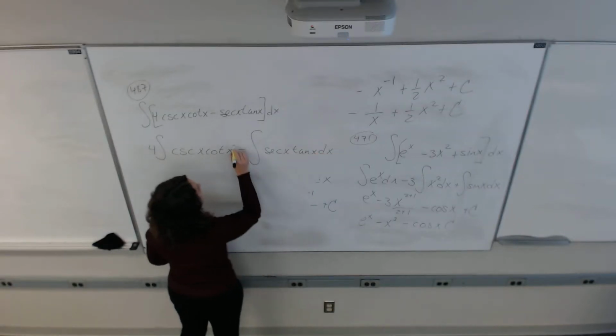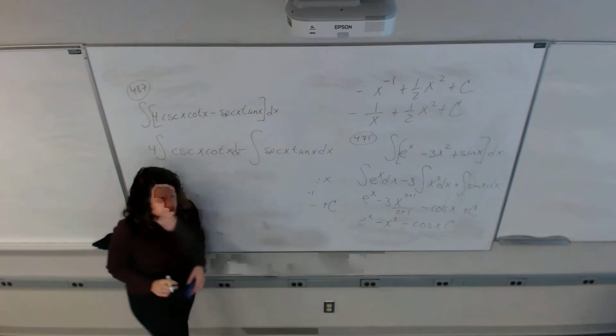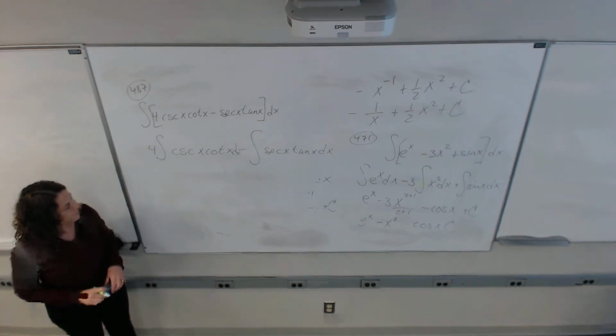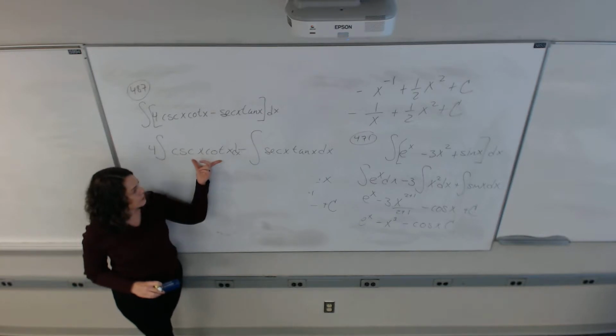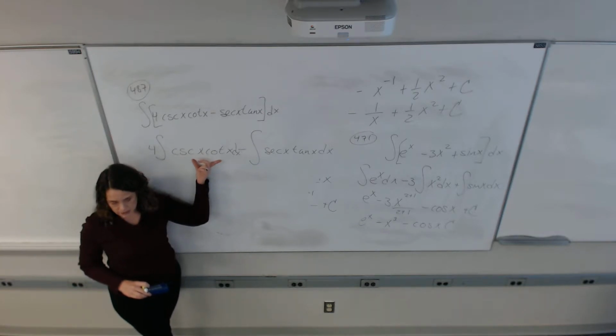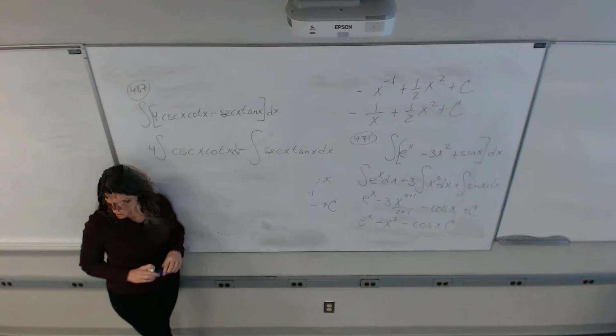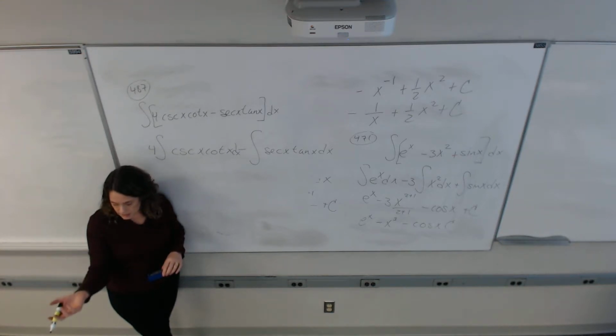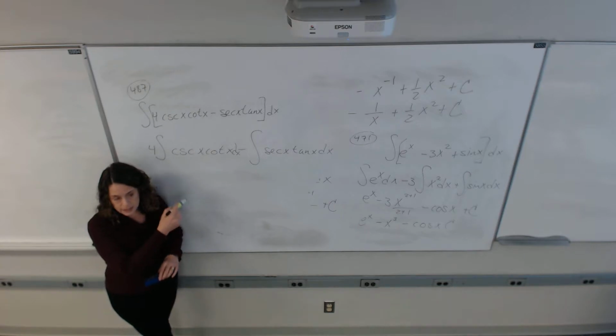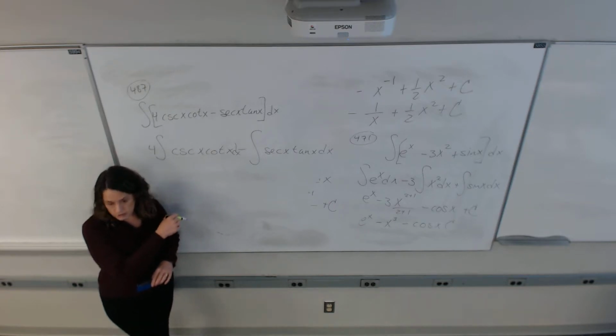Don't forget the differential on either one. Now you have to ask yourself, what function has a derivative that is cosecant cotangent? It is cosecant, but the derivative of all cofunctions is negative. So I'm going to need a negative when I undo it.